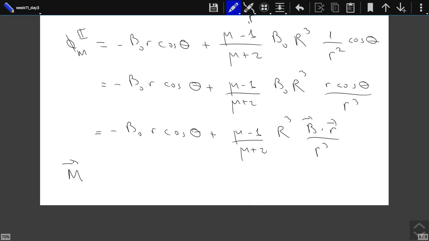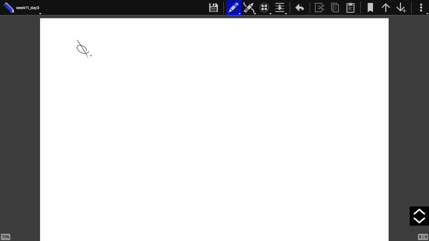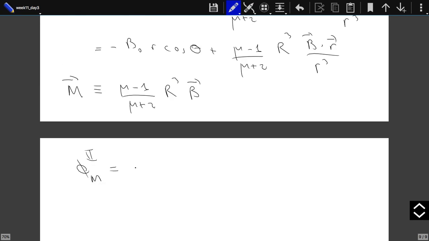Or if we define m to be mu minus 1 divided by mu plus 2 R cubed times B, phi m2 is equal to minus B0 r cosine theta plus m dot r divided by r cubed.